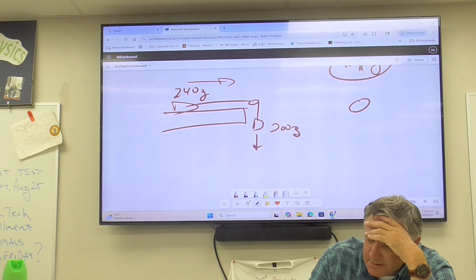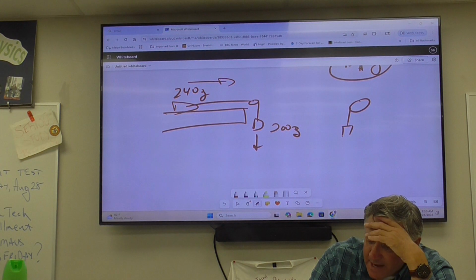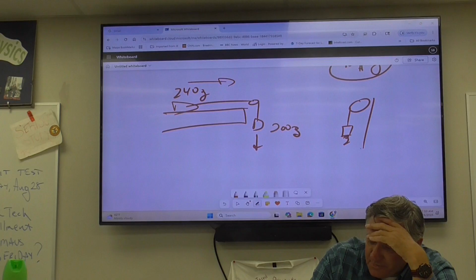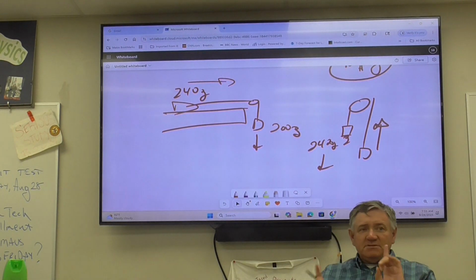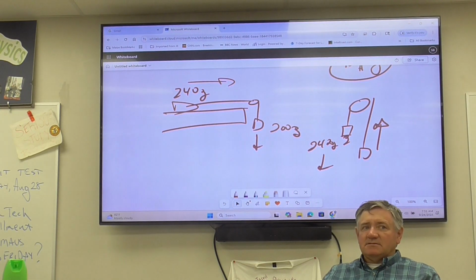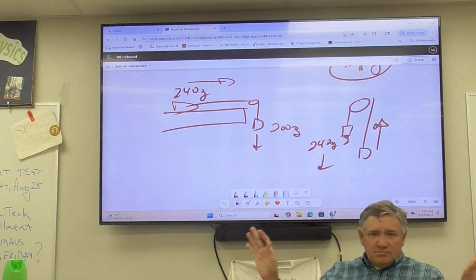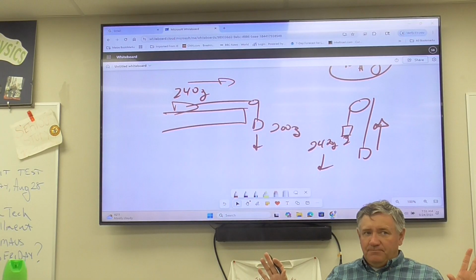But if you put that on an Atwood machine over a pulley, then the 240 gram mass is going to fall and the 200 gram mass is going to go up. So in both situations you have the exact same masses, 240 and 200.